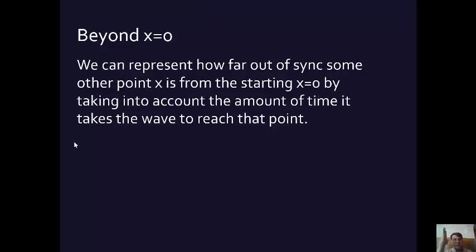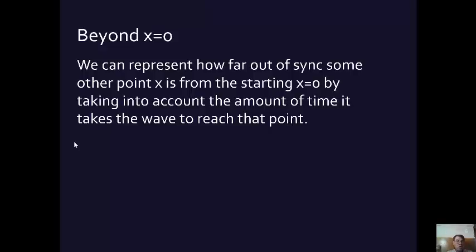Okay, but what about beyond x equals 0? We want an equation for an up and down spot on the rope that isn't at x equals 0. Well, let's think about it for a second. The wave is going to move at a constant velocity. You might remember from that earlier chapter that the velocity of a wave depends entirely on the medium. It doesn't matter how hard you do it.